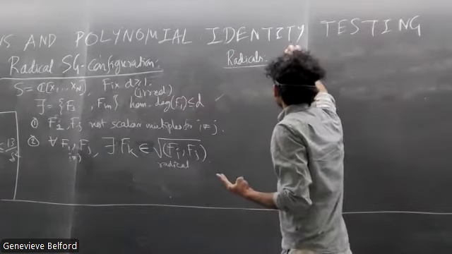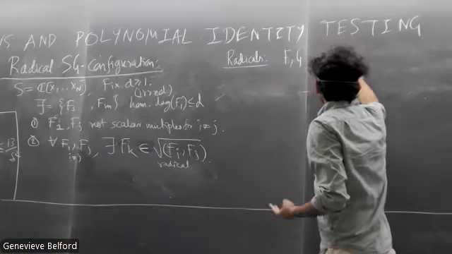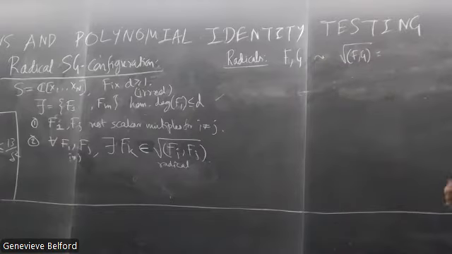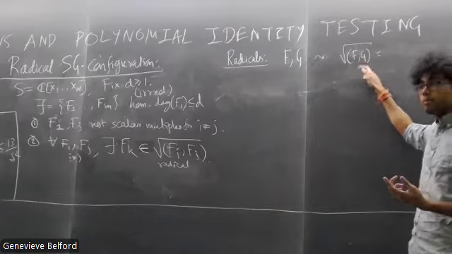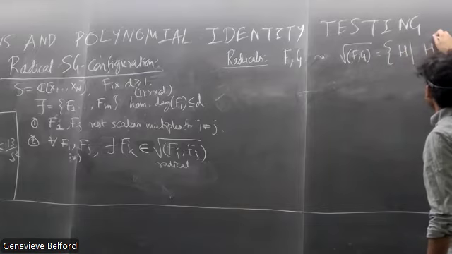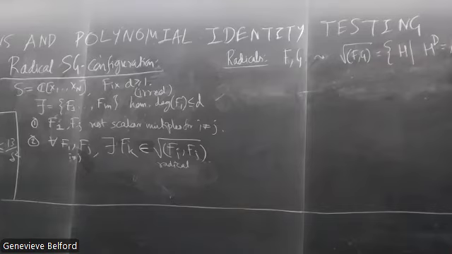Given two polynomials f and g, the radical of the ideal (f, g) is the set of all polynomials h such that h to some power d is equal to af plus bg, for some integer d, where a and b are polynomials in our polynomial ring.